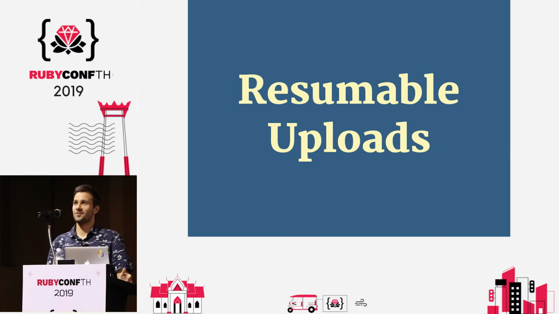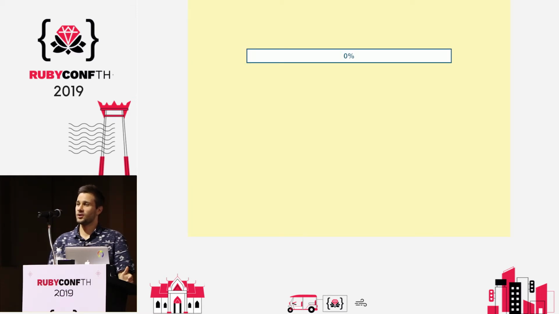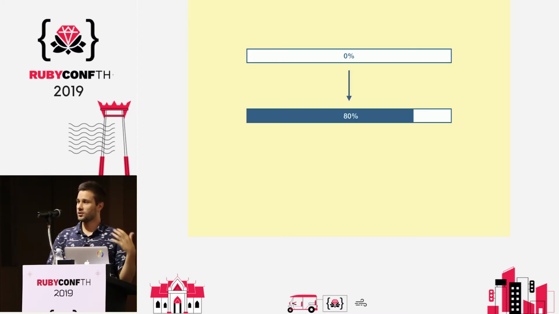Now, there is one thing that for me is exciting: when you are uploading larger files, it's very nice for the user to make the uploads resumable. So what do I mean by that? I mean that a simple file upload is just a single HTTP request.